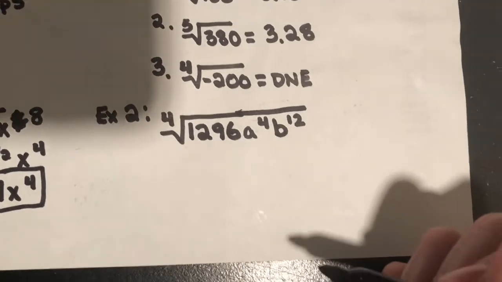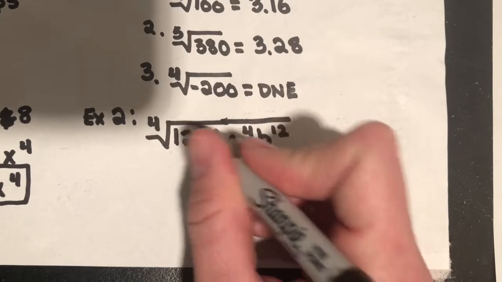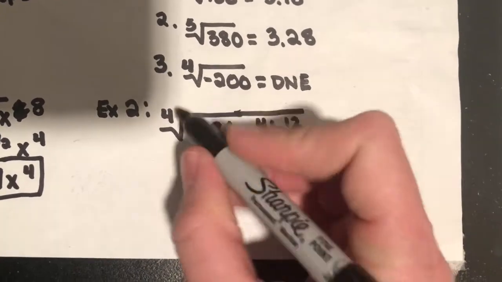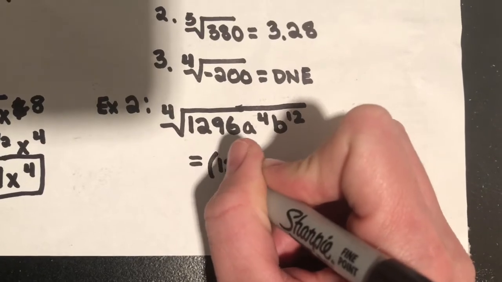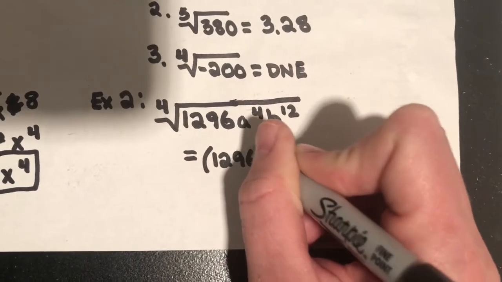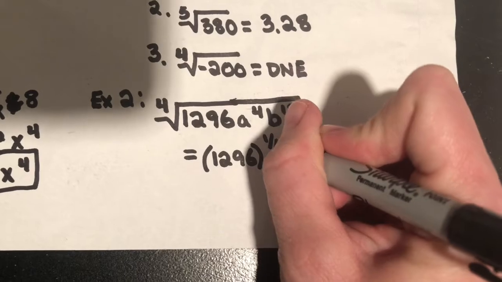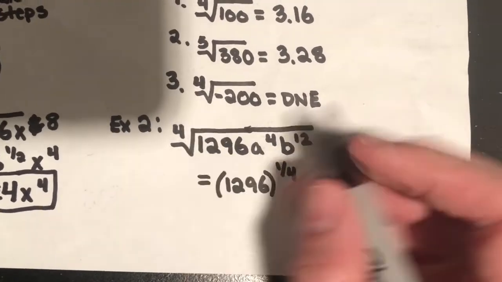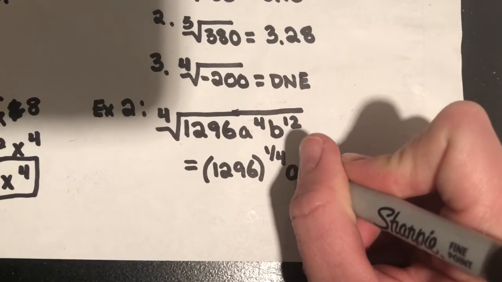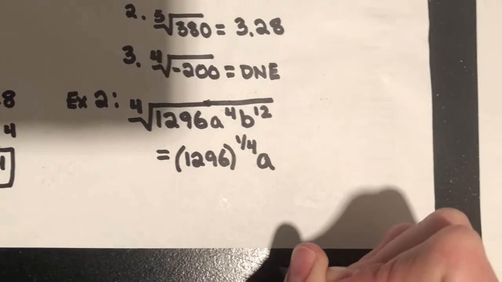Extend that radical sign. Now, we have this big number right here. Our index is 4, so we're going to go 1296 to the 1/4. Use our rule, a to the 4th. We're going to divide 4 by 4. Well, 4 divided by 4 is just 1, so that a stays right there.